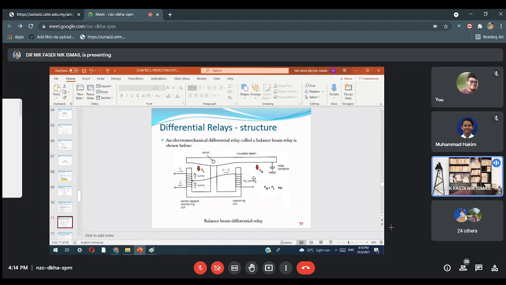Kalau tak, kalau force right ni less than force left, dia tak akan downward, dia akan turun. Maksudnya contact to open. Kalau contact close, whenever ini turn on. Macam mana ini nak turn on? This current dia ada mismatch between the I1 prime and I2 prime. Barulah turn on. Okay. Alright.